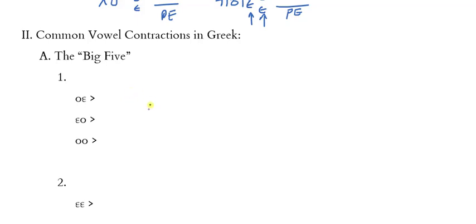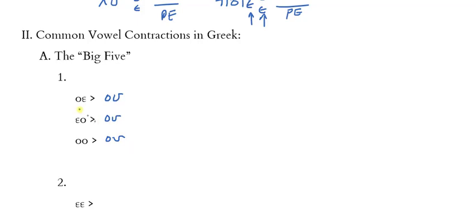Now, when I have an omicron coming into contact with an epsilon, it's going to become the diphthong omicron upsilon. On the other hand, when I have an epsilon meeting an omicron, it will become omicron upsilon too. And when I have an omicron meeting an omicron, they will contract and become omicron upsilon.